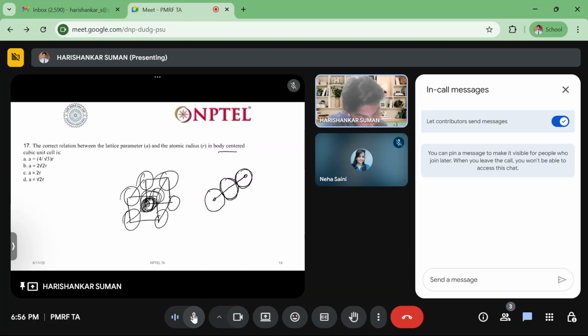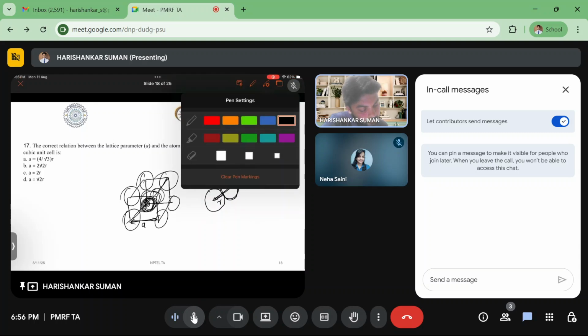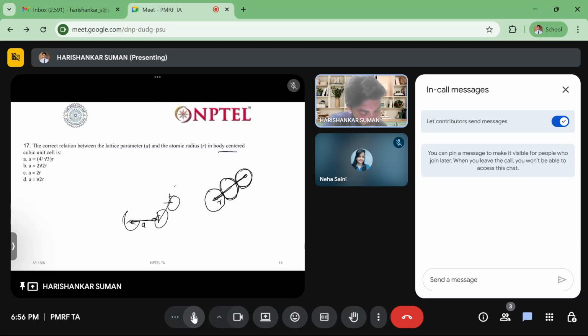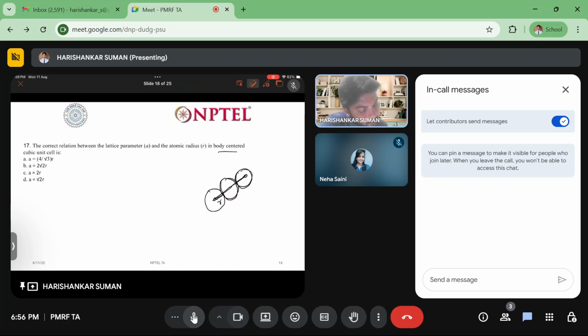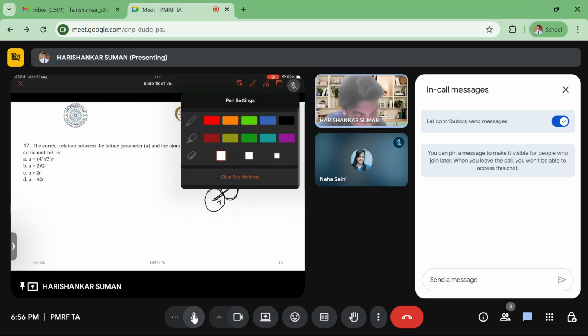So you have to find the diagonal of the cube. If the lattice parameter is A and the radius is R, how can you find it? Let me tell you.